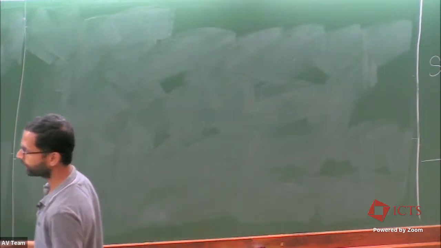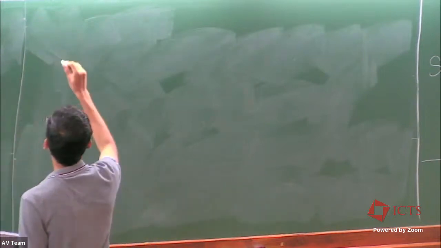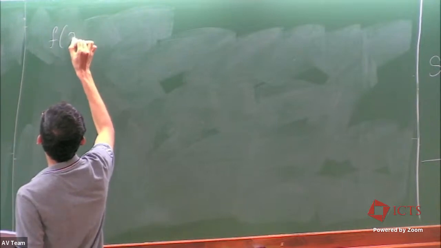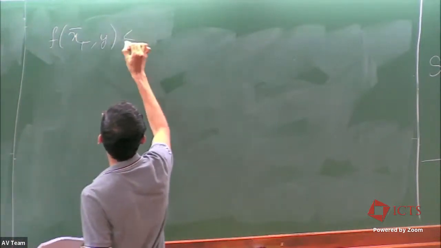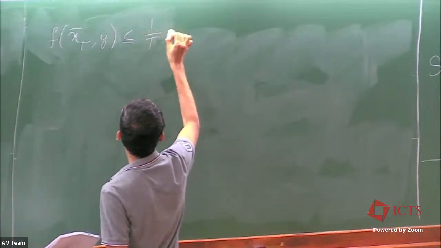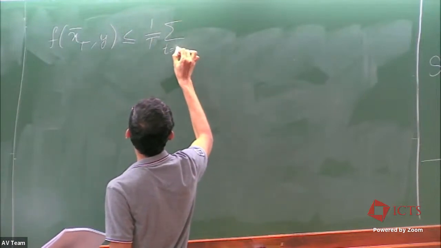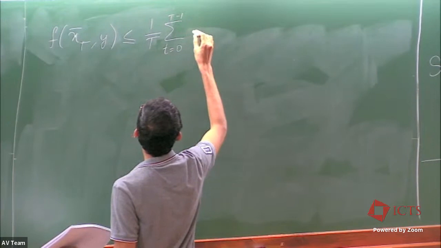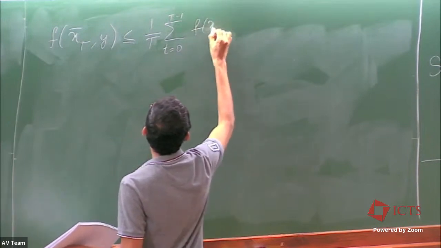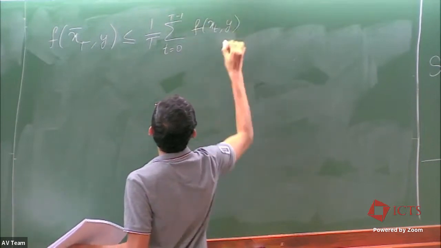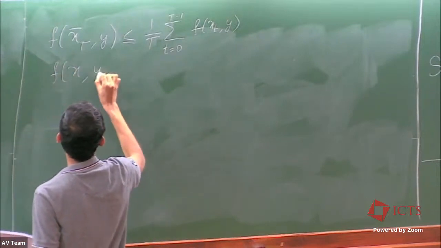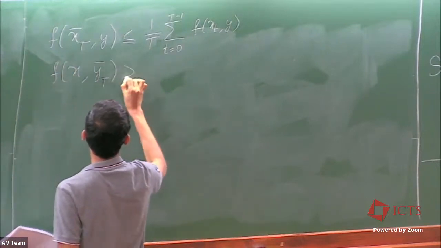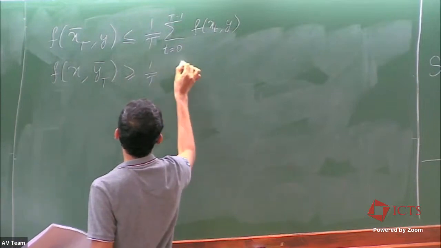So by convexity, what we also know is that f of x bar t, for any y, is less than or equal to 1 over t, and similarly f of x comma y bar t is greater than or equal to 1 over t.